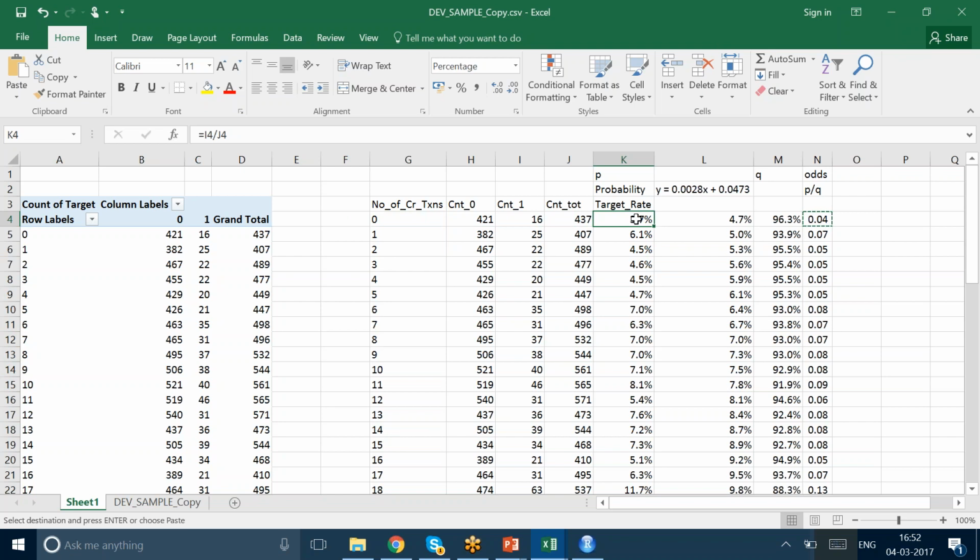So the first transformation I am trying: instead of building a model of probability versus the independent variables, I am now trying to model odds versus the independent variable. Similarly, if I build this model, I'll again run into the same problem, which means I'll get a linear equation, and when I solve that linear equation, the values of probability can go above 1.